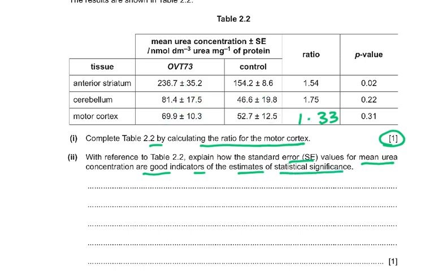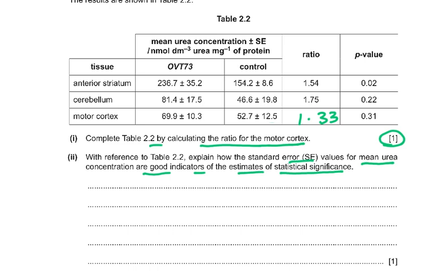Let's look at the standard error. This is the standard error, here. You have to understand that for the anterior striatum, the standard error ranges do not overlap, suggesting that there is a significant difference. If the standard errors do not overlap, then there is a significant difference.